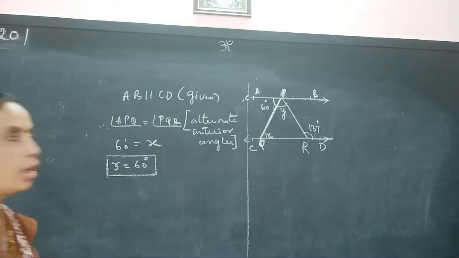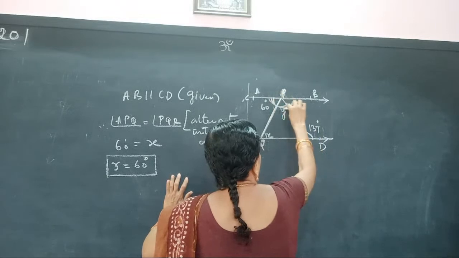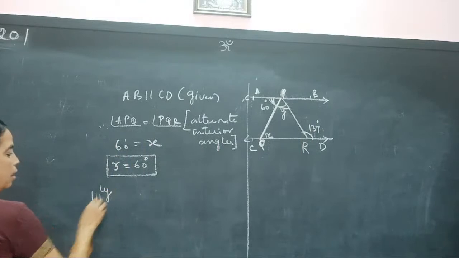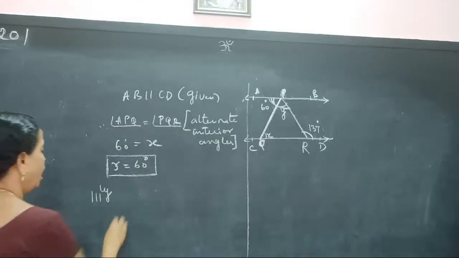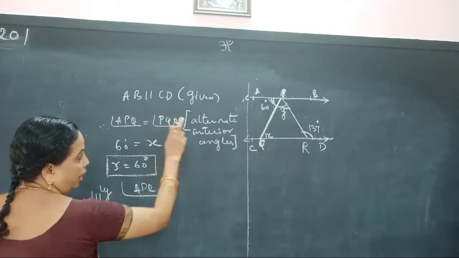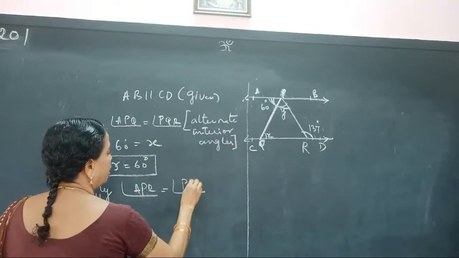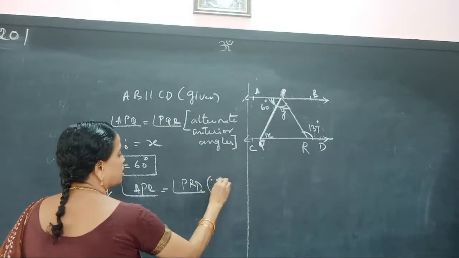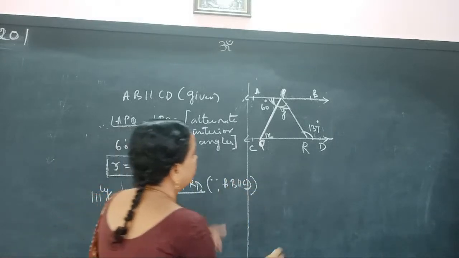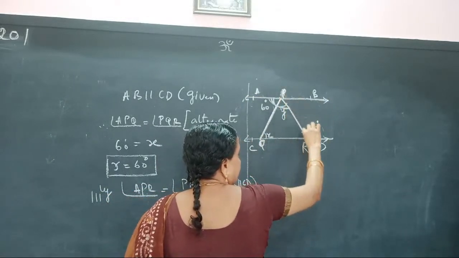Again, this will act as alternate interior angles. Similarly, I will use this symbol. Similarly, angle APR equals angle PRD, since AB is parallel to CD. See, these two are parallel. This is a transversal.